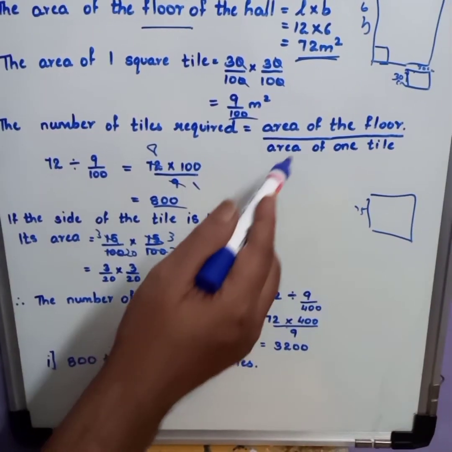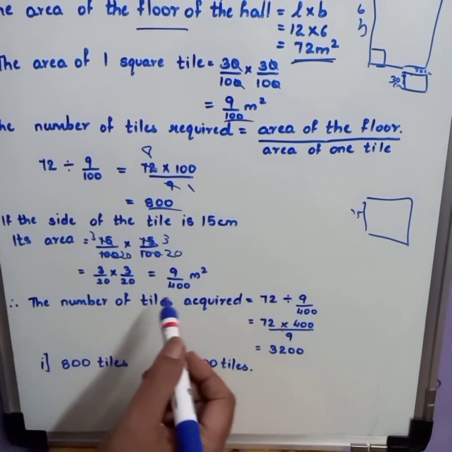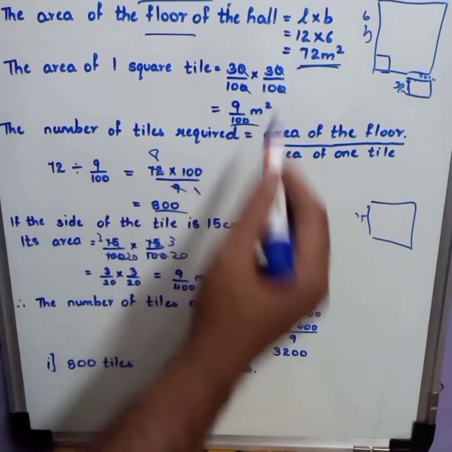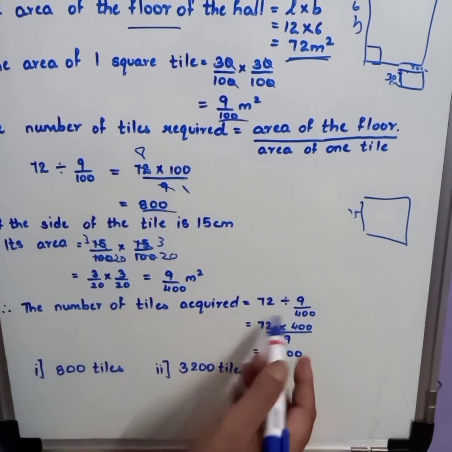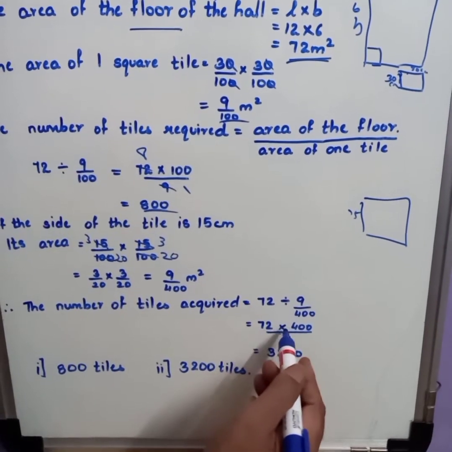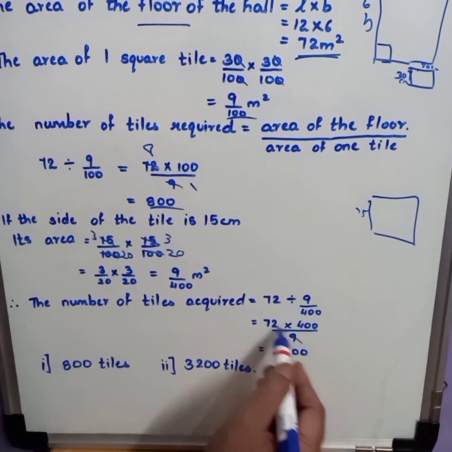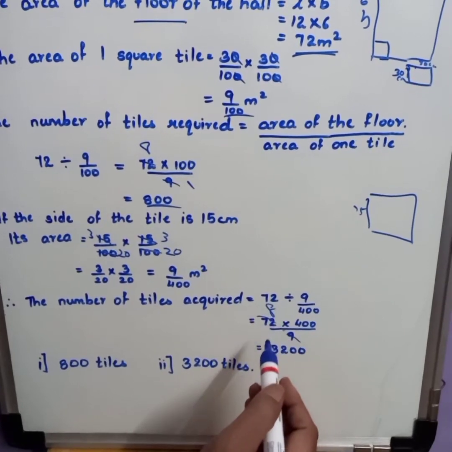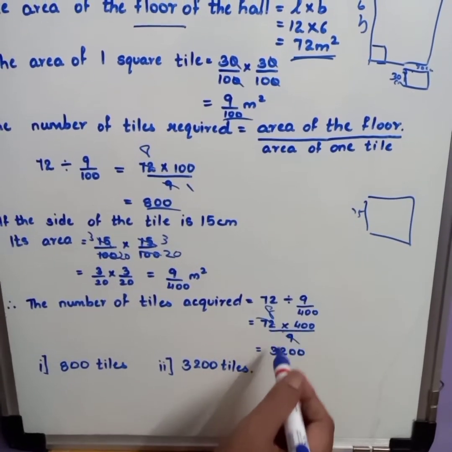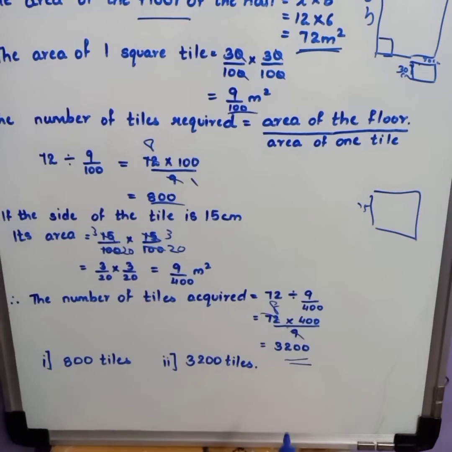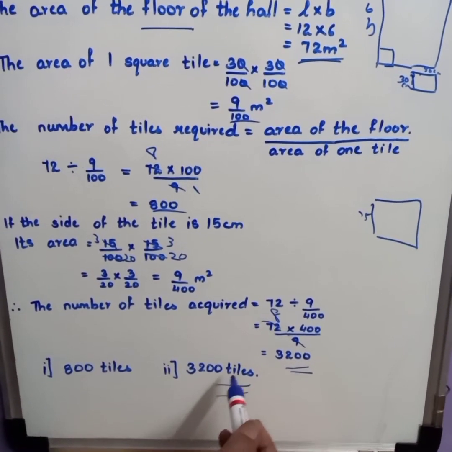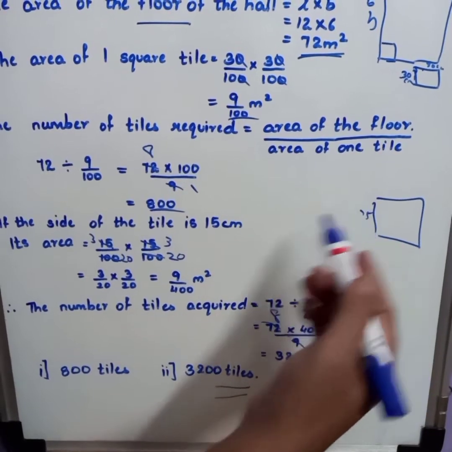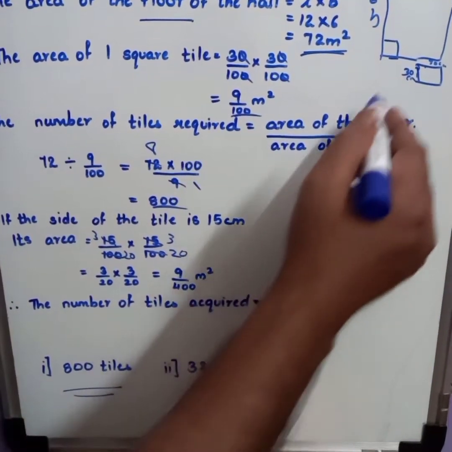Again the same procedure: area of the floor upon area of one tile. Area of the floor we got 72, divided by 9 upon 400. So reciprocate: 72 into 400 upon 9. So 8 into 400, that is 3200. So we need 3200 tiles when it is 15 centimeters side and 800 when it is 30 centimeters side.